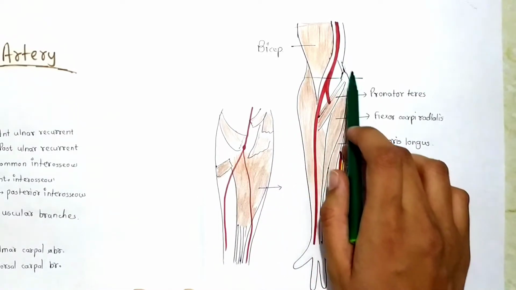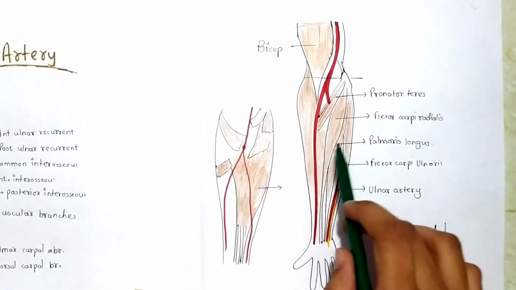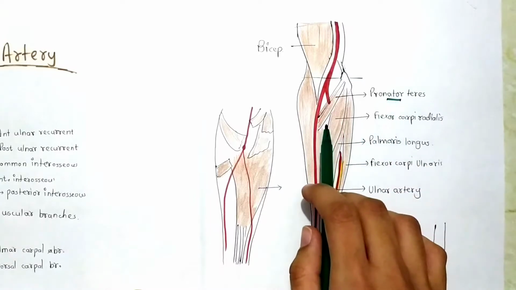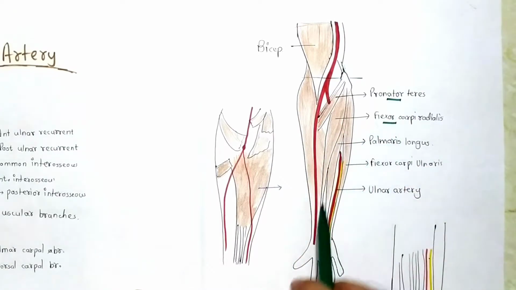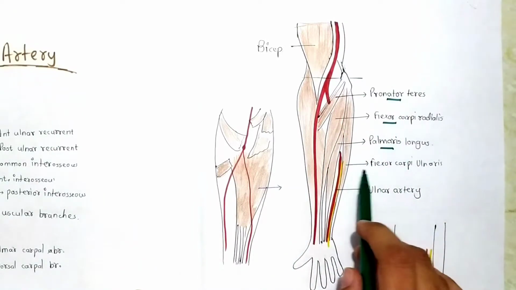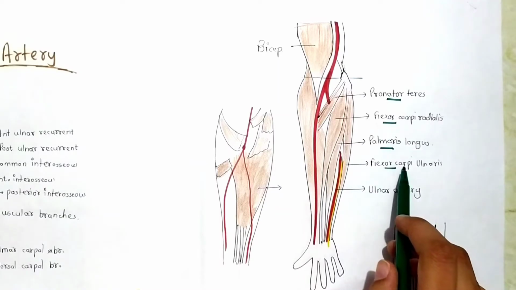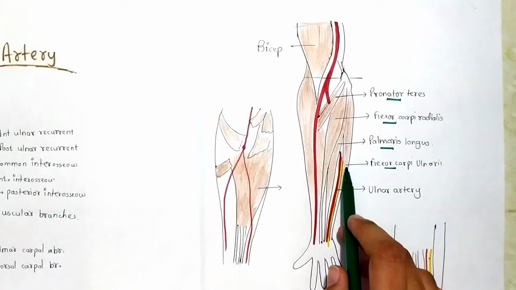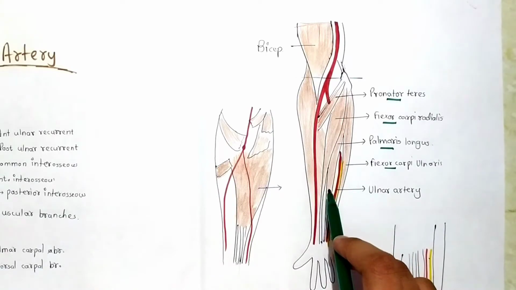This is the common flexor origin and these are all the superficial flexor muscles. So this is pronator teres, next is flexor carpi radialis, then palmaris longus, then there is flexor carpi ulnaris, and behind these muscles there is flexor digitorum superficialis, which is present after this ulnar artery.